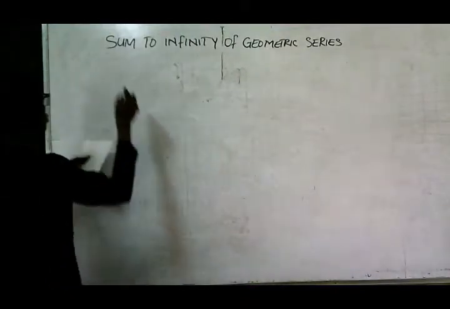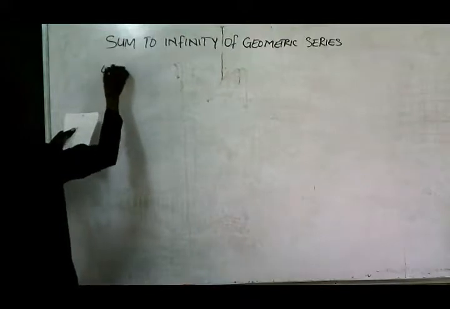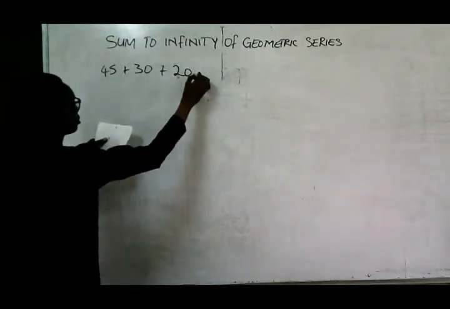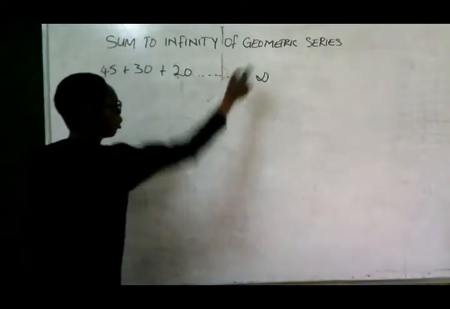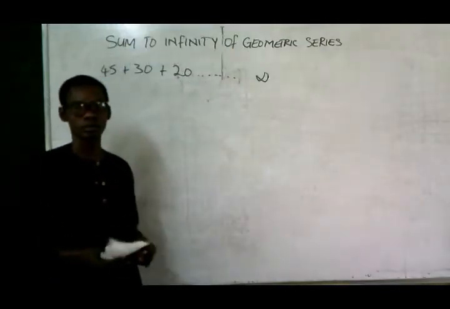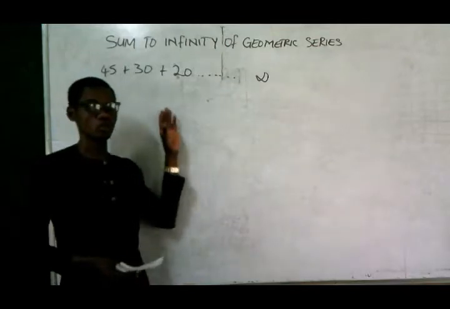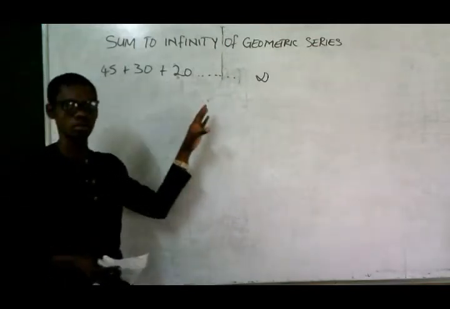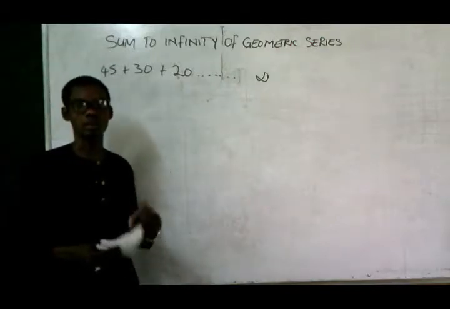For example, we have a series like this: 45 plus 30 plus 20 up to infinity. Now, this aspect is going to be feasible when the common ratio is a fraction, or less than 1.